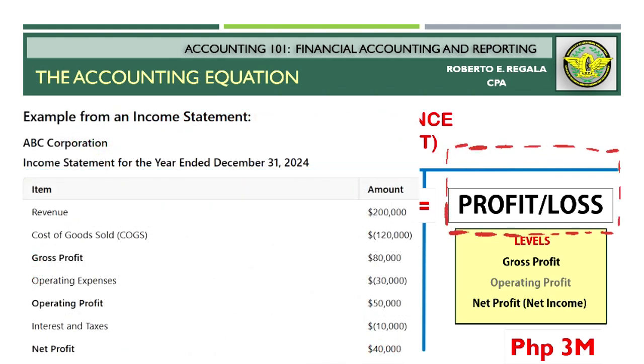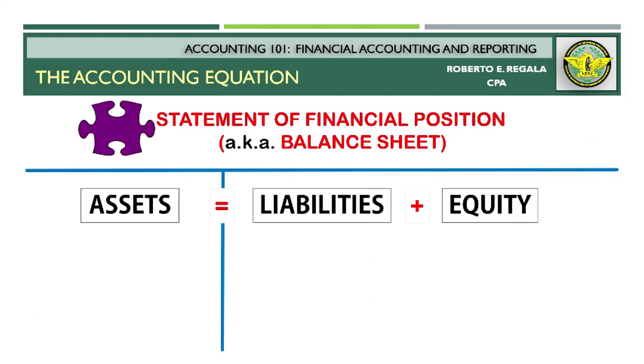In summary, profit or loss is a fundamental measure of financial success, helping stakeholders assess the business's efficiency, viability, and potential for growth. How does the income statement affect the accounting equation? Earlier, we said that the profit or loss directly affects the balance sheet, specifically the equity element.